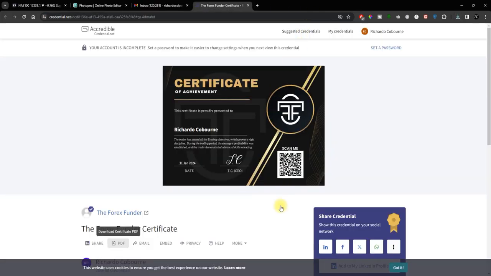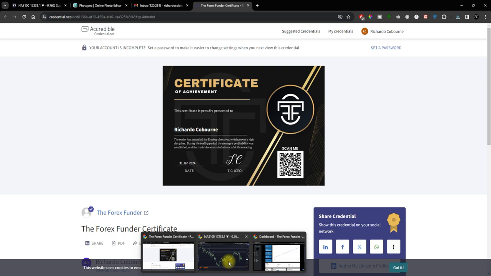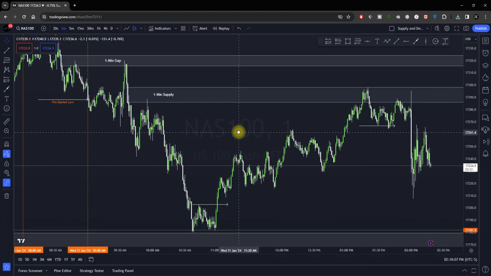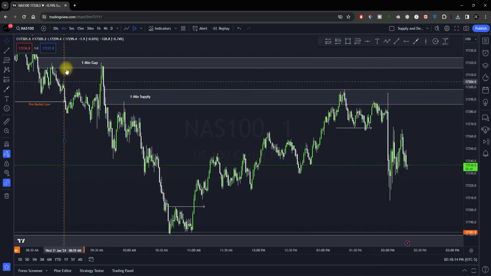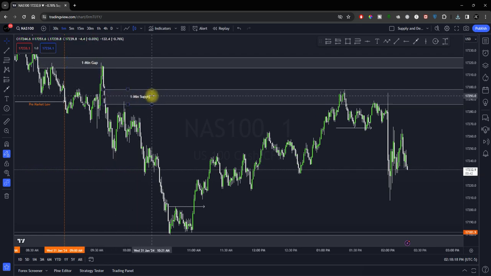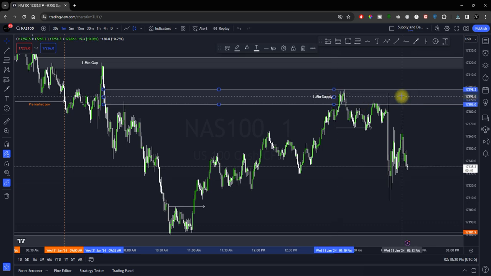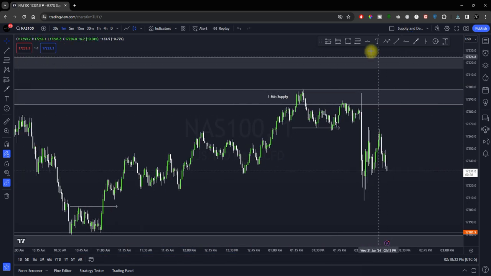Okay, so we'll close that out, and I just wanted to go back here and show you how this played out afterwards. Once I got out of the trade, as you can see, the market pulled right back into one of these supply areas that I had initially and tanked again.